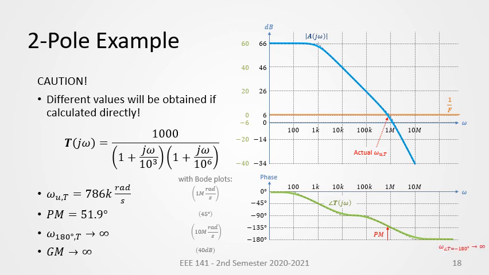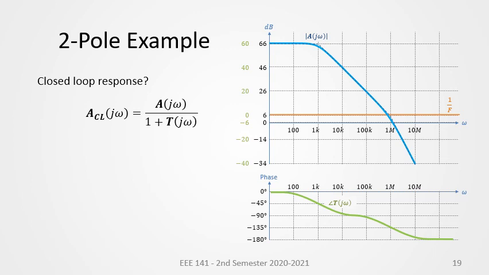Recall that the phase is based on the inverse of the tangent function, which is just asymptotically approaching 90 degrees. Thus, the phase will actually only get to negative 180 degrees at infinity. At this point, the gain is already very low, so the gain margin is also infinity.